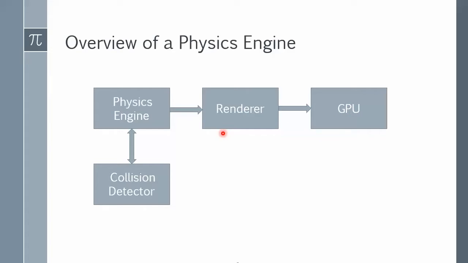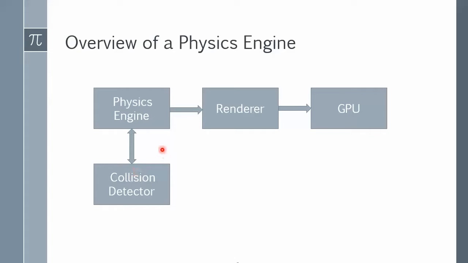Also, physics engines are clients of the usual collision detection system. In some engines the collision detector is part of the engine, in some it isn't. This is because collision detection is a huge subject in itself, covering many different algorithms.